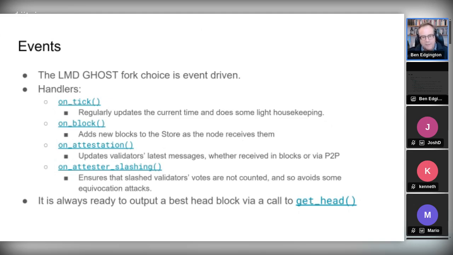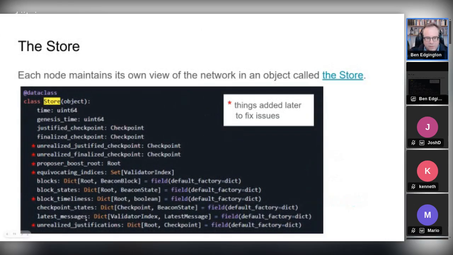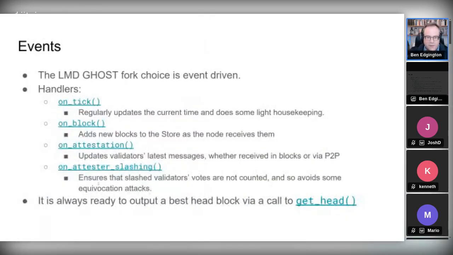On attestation, similarly, any time an attestation is received via any means, whether it's in a block or on the wire, then it updates the validator's latest messages in the store. So we have this latest messages field at the bottom, and on attestation updates that field. And then we have on attester slashing, which was added later just to avoid an edge case where validators could be slashed but still count within fork choice.